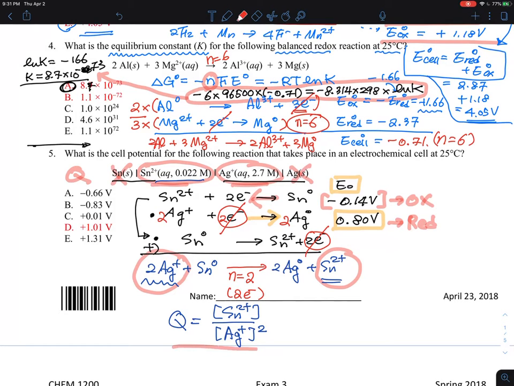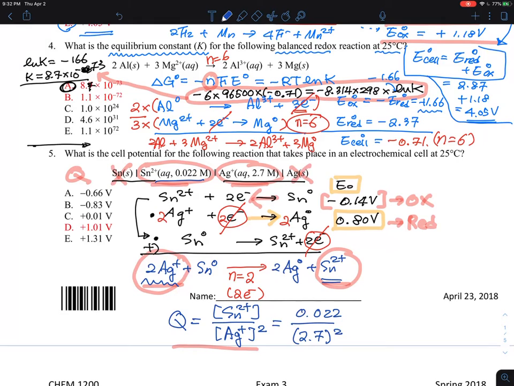Okay. So now you guys can see that, as far as concerned, I can just use this one to calculate my Q, and then because of the way the reaction is written, I can start to plug in the numbers. So my Q value here is, my Ag plus is 2.7 to the square, and 0.022. Okay, and then what do I do? You're going to look at your reference sheet. You don't have to remember this equation.